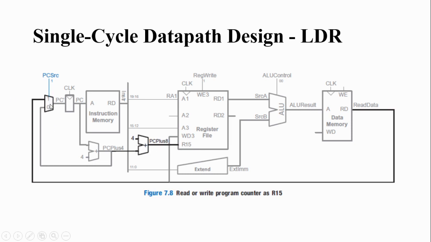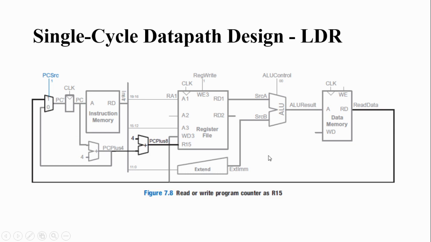In order to get this program counter +8, you are adding one block, and one more additional multiplexer here, and the control signal is PC source. If the PC source is 0, what will happen? The program counter +4 will be given as input to the program counter block. If you give 1 as the PC source, the output of read data will be given as input to the program counter, right?